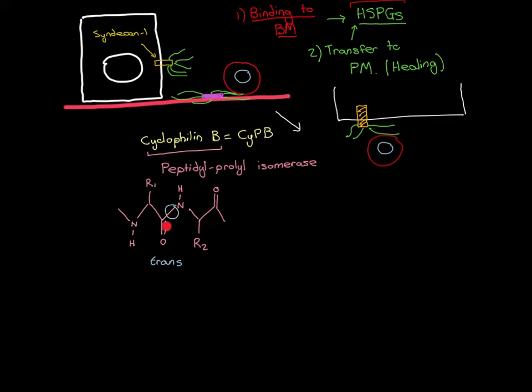This hydrogen and this carbonyl group are the minor groups, and these are the major groups. So we would say that the two major groups, which are the continuations of the polypeptide on either side of this peptide bond, are on opposite sides of the peptide bond, and therefore this is the trans conformation.